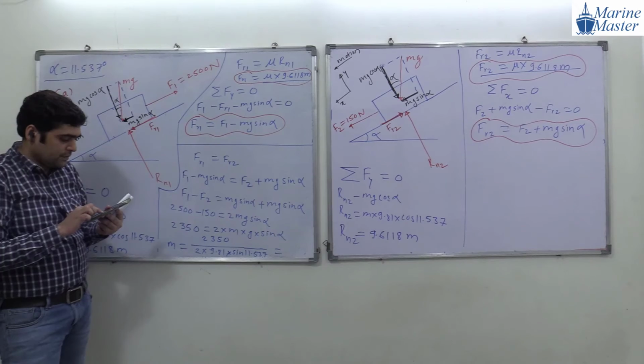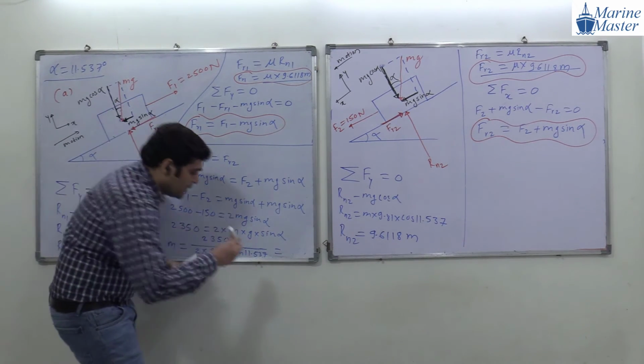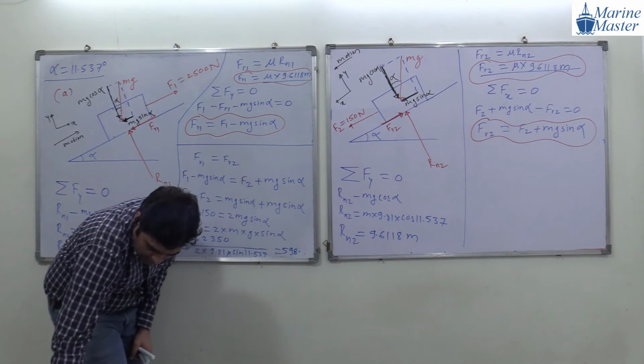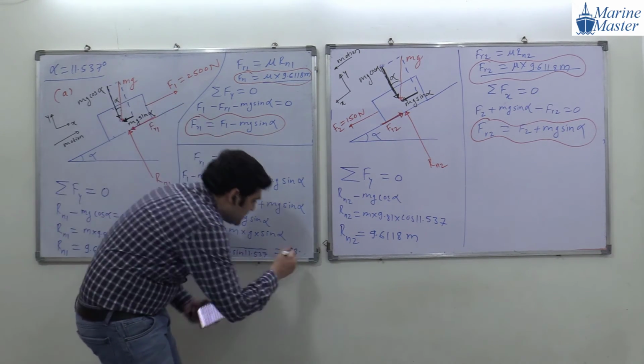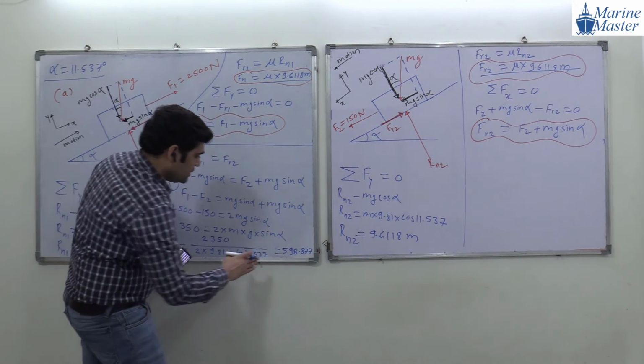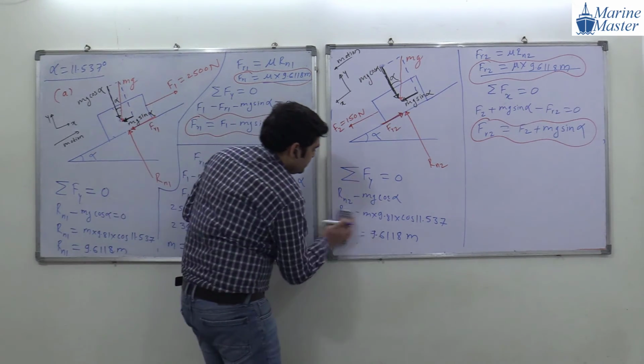Okay, 598. So how much value of mass we are getting? 598 point how much, guys? 877. Okay, so I will write down here. I don't have a space here, so I will use this space.